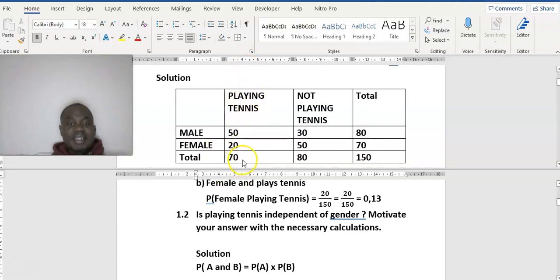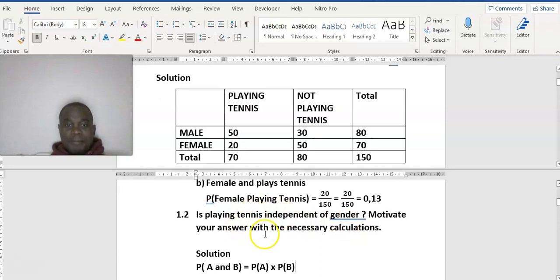Those who play tennis can either be female or male. So we can make our A to be those who play tennis and our B to be those who play tennis and are female, or those who play tennis and are male. We can choose any of them because it says independence of gender.